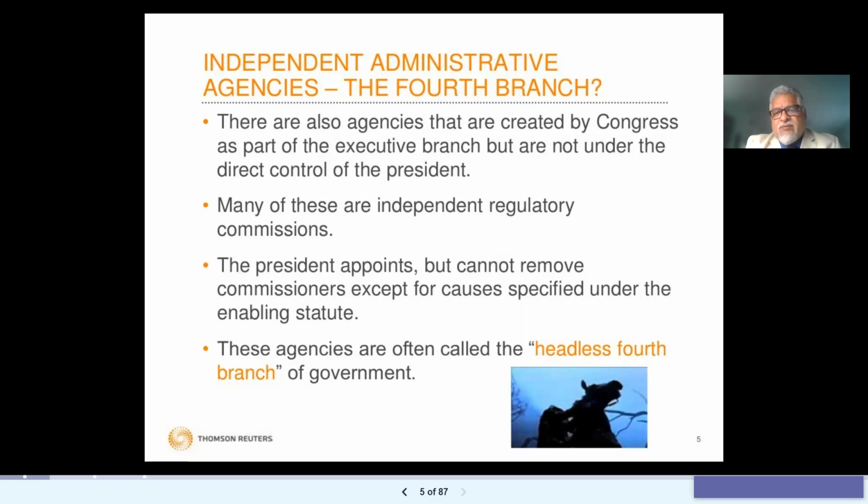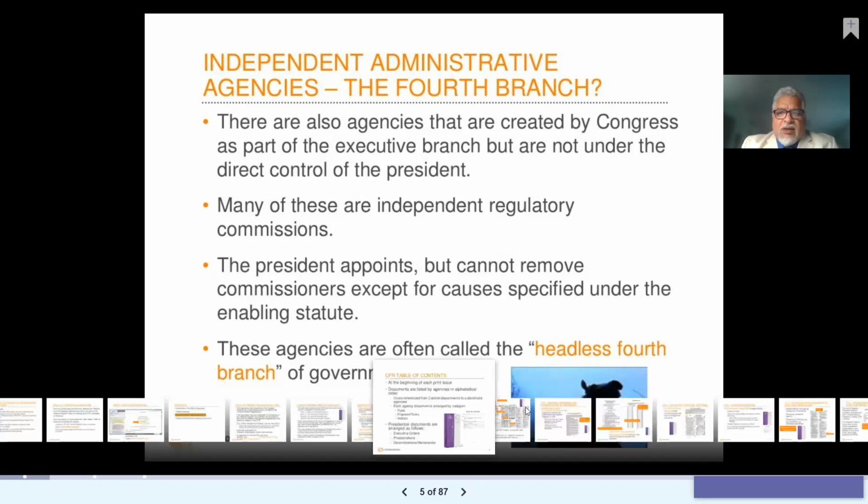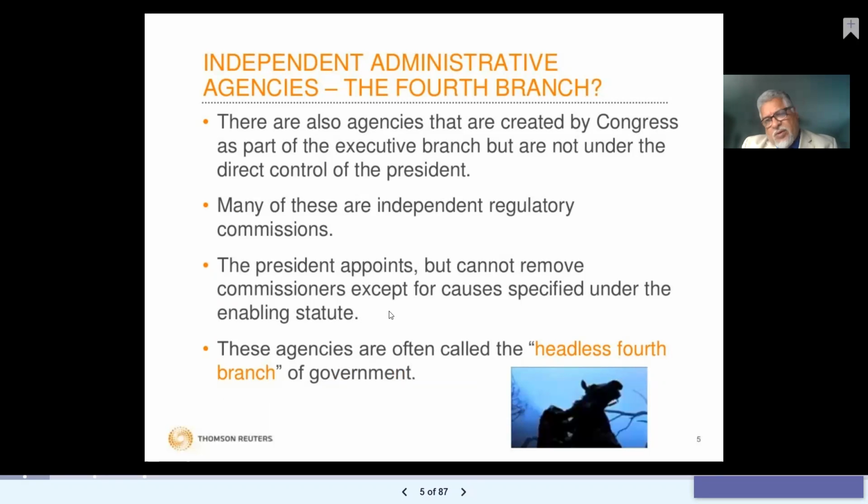Sometimes Congress intends for an agency to be an independent regulatory commission. So the president appoints the person, but cannot remove the commissioners except for cause specified under the enabling statute. So under some kind of a major problem or scandal, then for fair cause, you will be replaced.